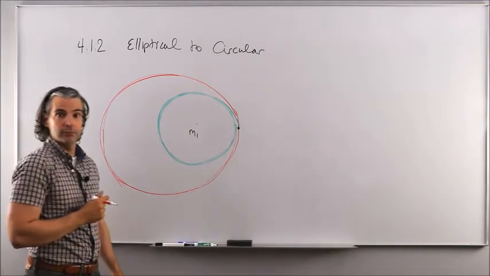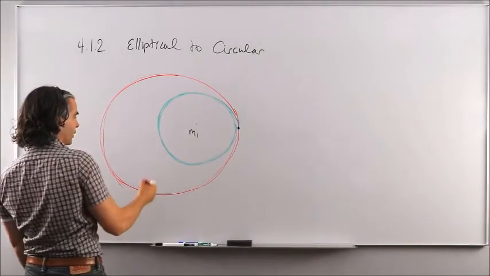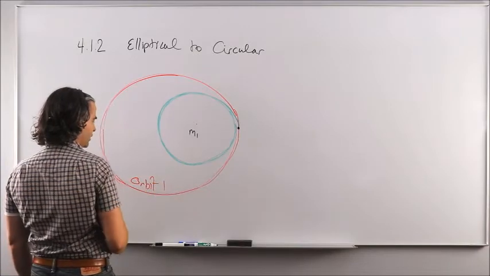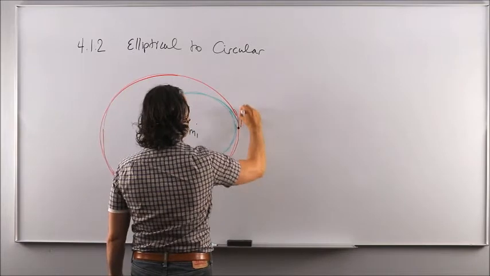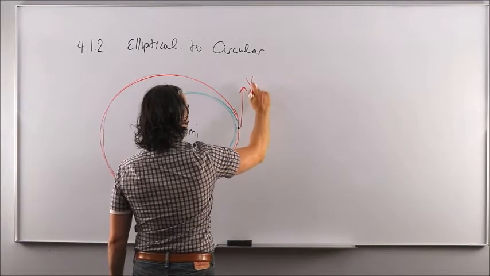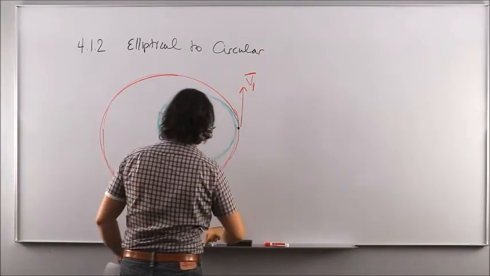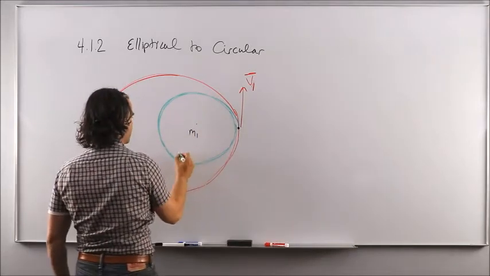What do you think? Well, yeah, because look at the size of orbit number 1, the initial, which is much larger than orbit number 2, and therefore the speed here, V1, has to be larger than the speed of orbit number 2 at the same point.